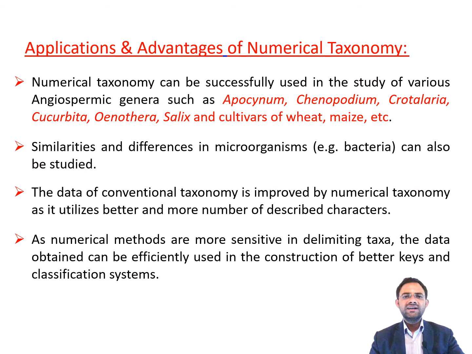Thus, the methods of numerical taxonomy have been successfully employed on a wide range of biological organisms, and to a great extent they provide results that agree with established classification. Thus, they are highly relevant to the real problems of biological classification.